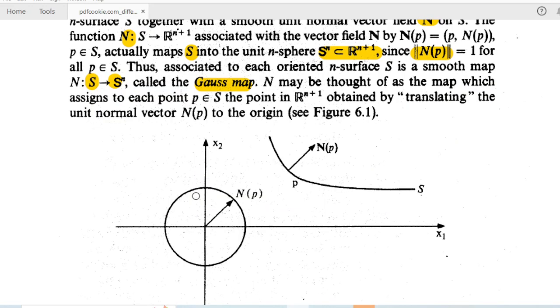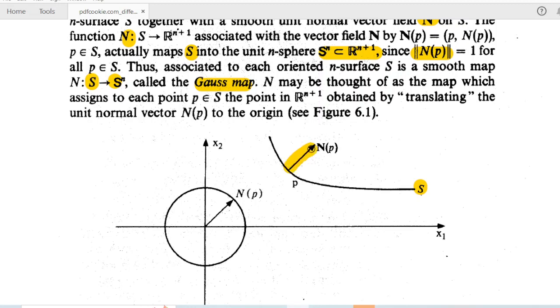So simply, if we are asking what is a Gauss map, it is a map from an oriented n surface S. For an oriented n surface we can assign a unit normal vector field.